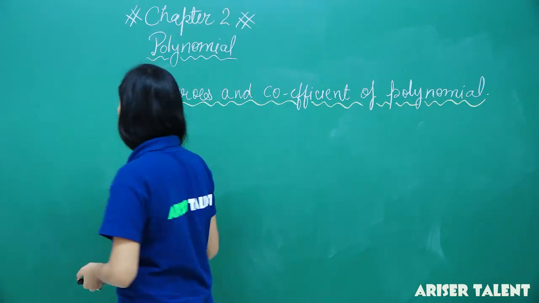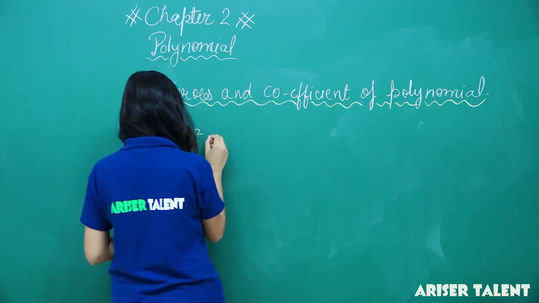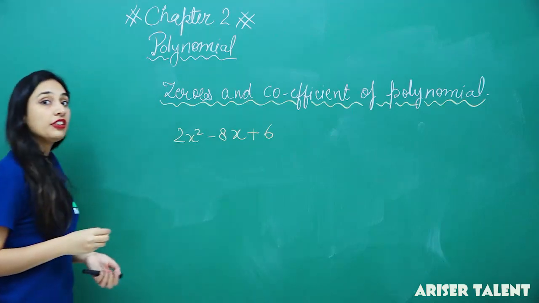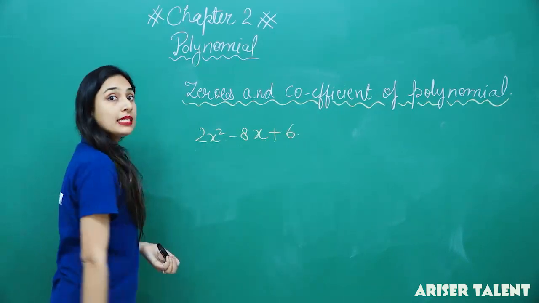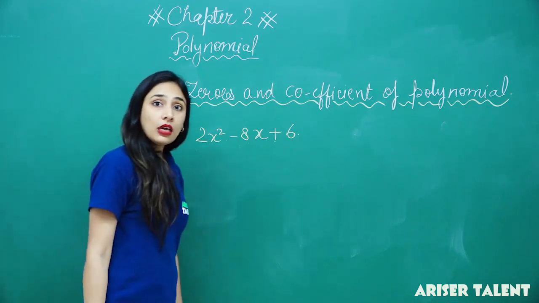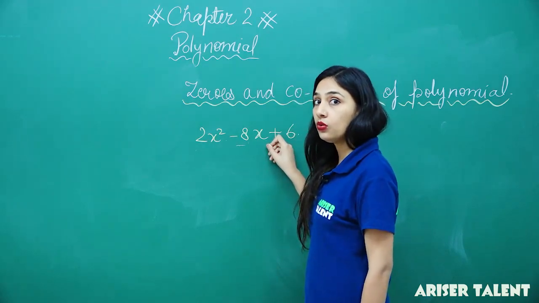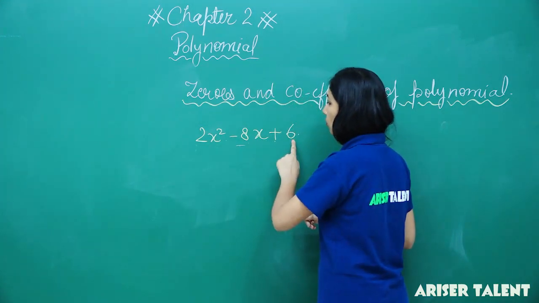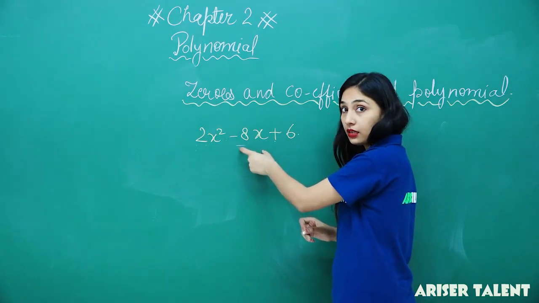relation here? Let us now consider one equation 2x square minus 8x plus 6. We are considering an equation 2x square minus 8x plus 6. Now, remember in 9th class how we used to bifurcate this term somehow that multiplication of these two, 6 2s are 12, 12x square will be used here.